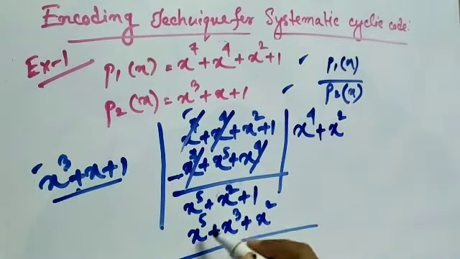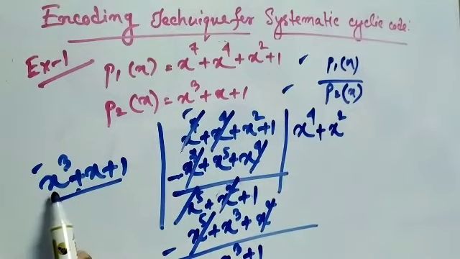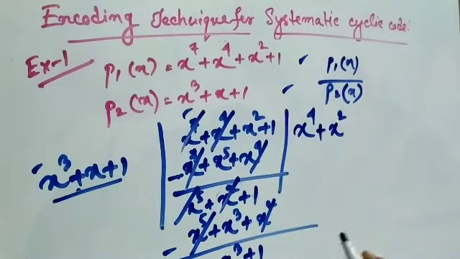Again we cancel these terms. So I get x cube plus 1. Again x cube is the highest term here, and here also x cube is the highest term. So it is divisible by this. Therefore we can write here 1. So here I get x cube plus x plus 1.